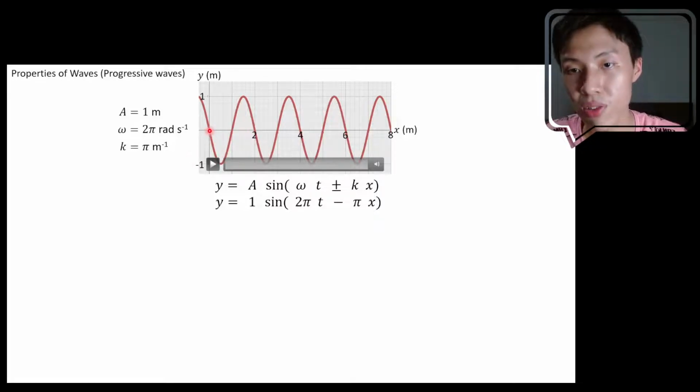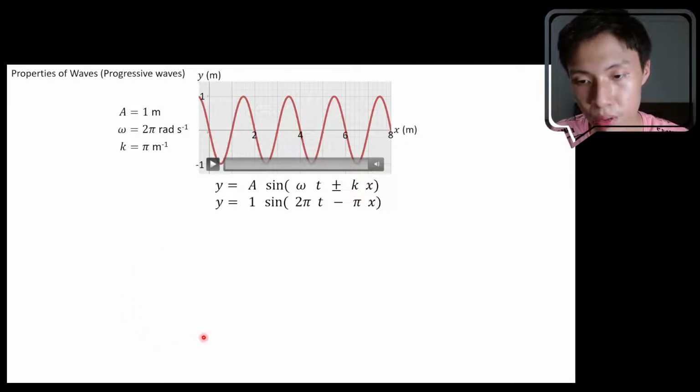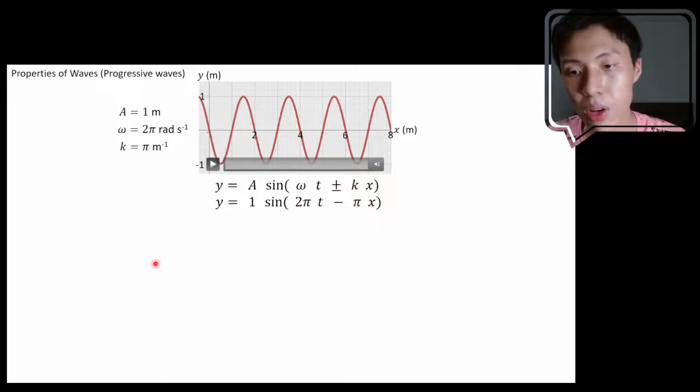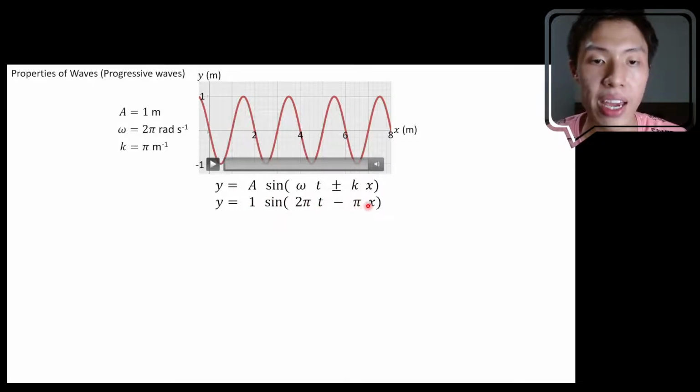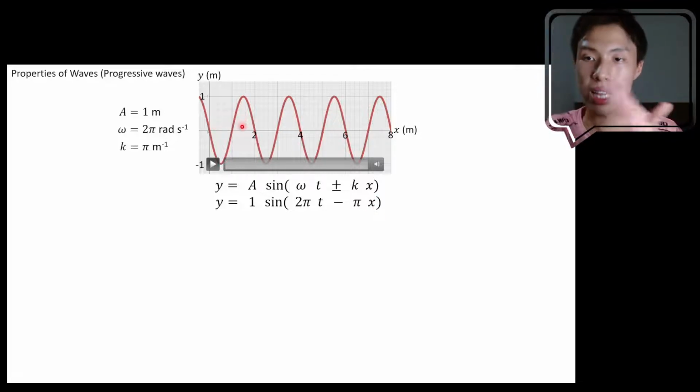If you follow the red line, you will see that it goes down first, comes up, then comes down. So this is a negative sine curve, and here you need to introduce a negative sign in front. So it would be negative 1 sine 2 pi t plus pi x if the graph is moving to the left.